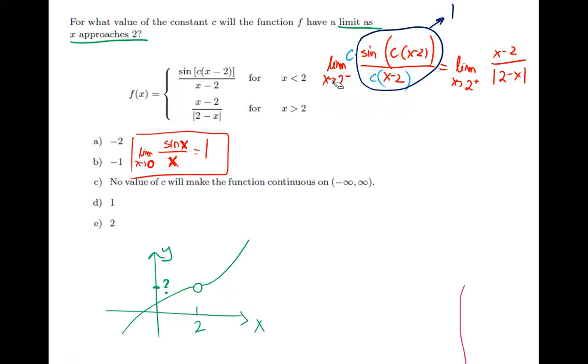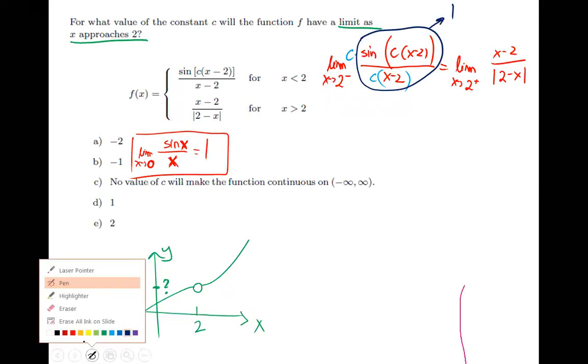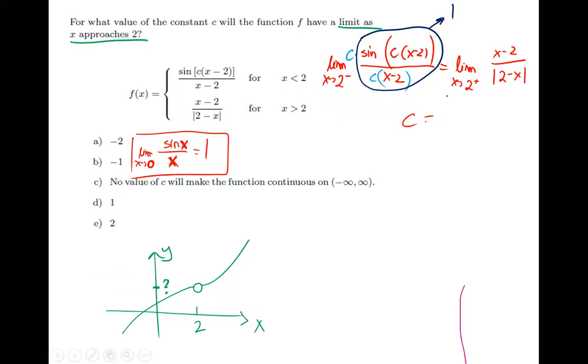That means, if x is 2, the whole input is 0. That means the only thing that stayed outside the loop is c. That means this limit is simply c. Perfect. If I can manage to compute the limit on the right-hand side, I will have a c value, because then the limits are the same.